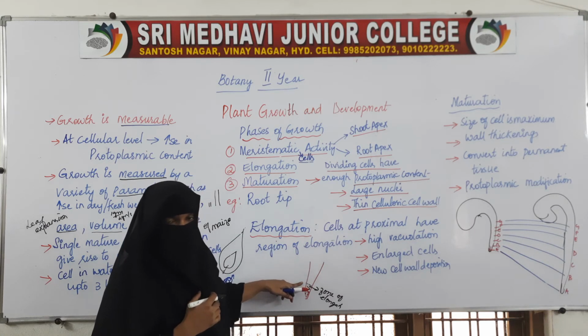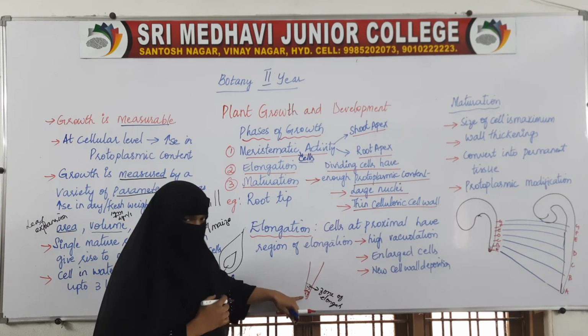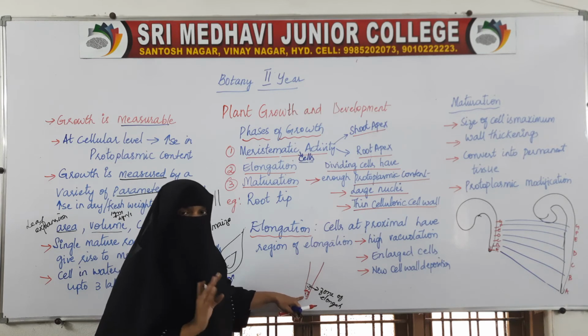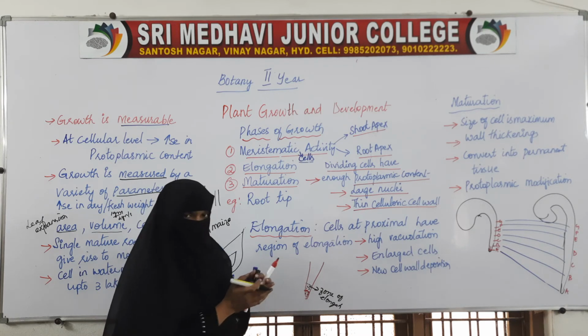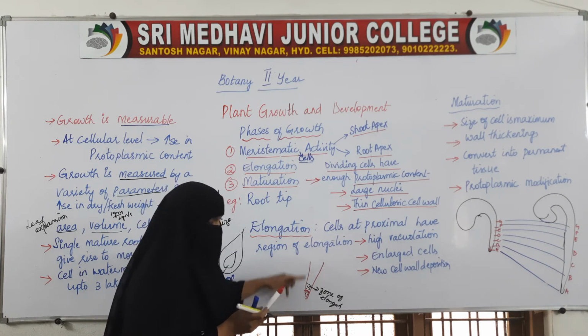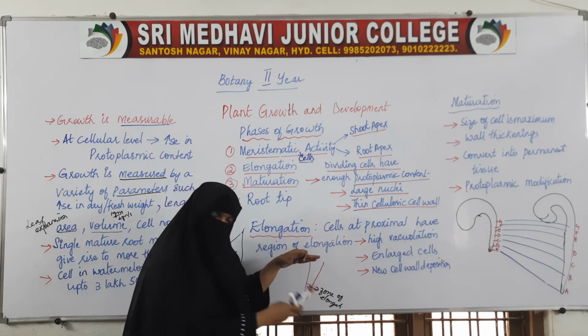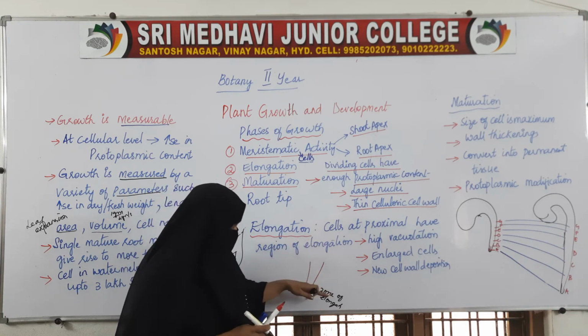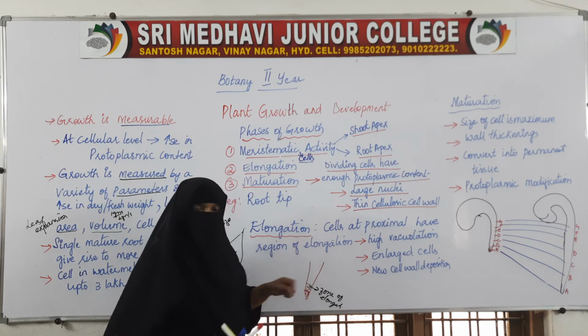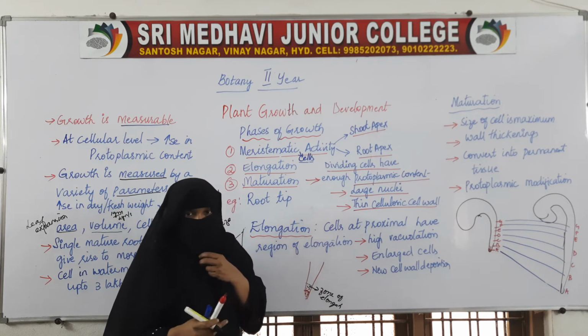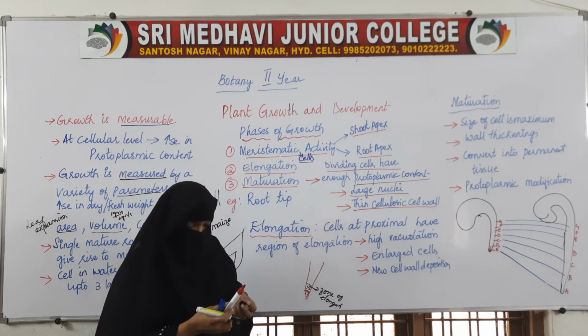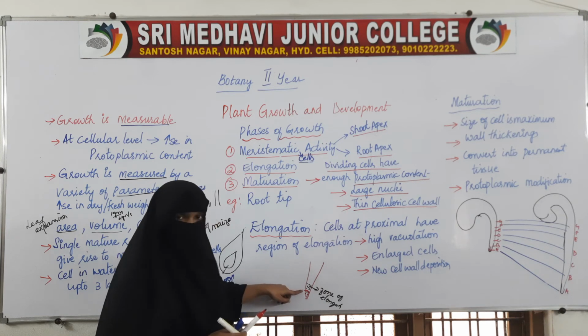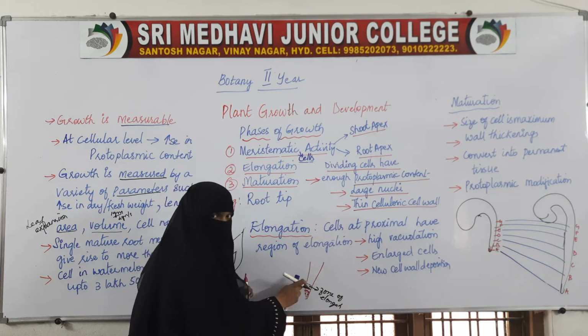Many cells are being pushed upwards because the meristematic cells produce more cells. When they push upwards, only then will the meristematic cells be able to give space. So the meristematic cells which have been produced will move to this region.